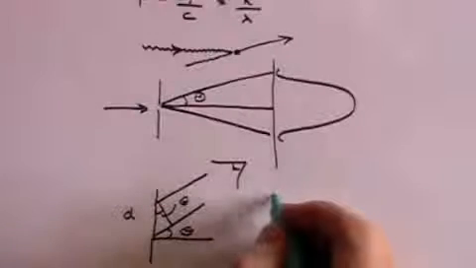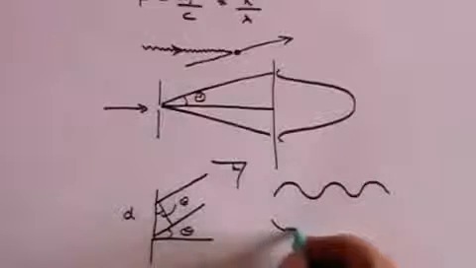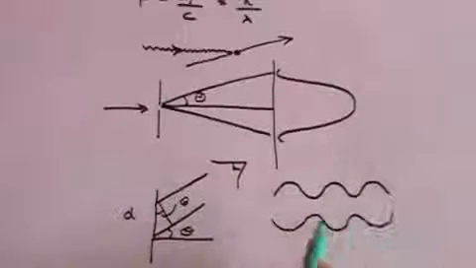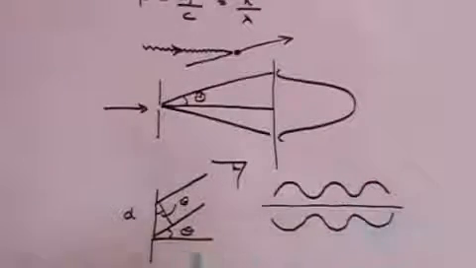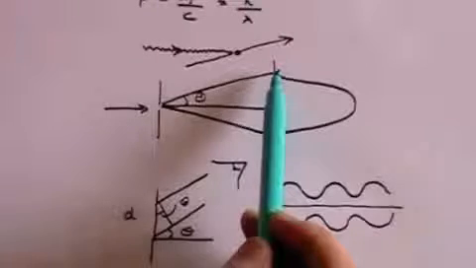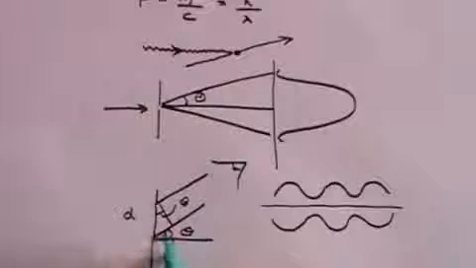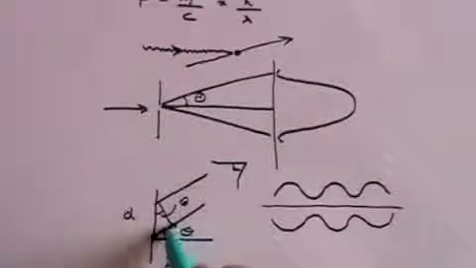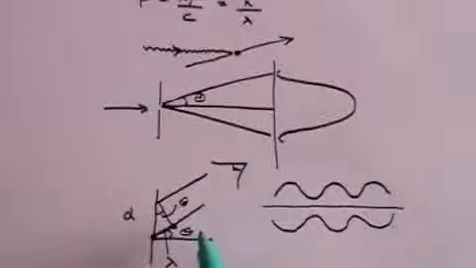By cancel out, I mean that one wave will look like this, and the other wave will look like this, and when they are superimposed, they will simply produce a flat line, which is the no light that you get here. Well, the answer is that they have to be completely out of phase. And how can that happen? Well, that happens if this distance here, from here to here, is lambda, because that's the difference between the phase of this wave and this wave.